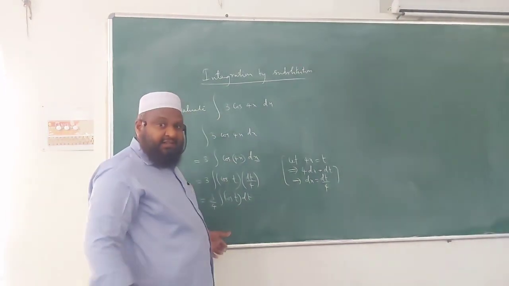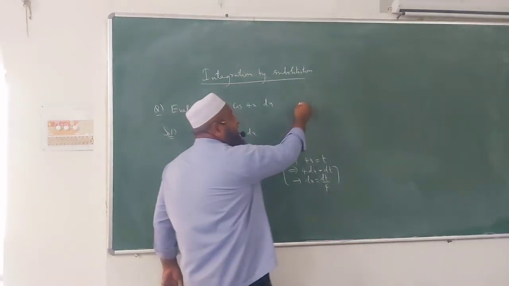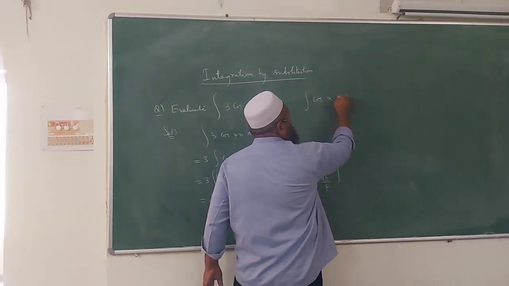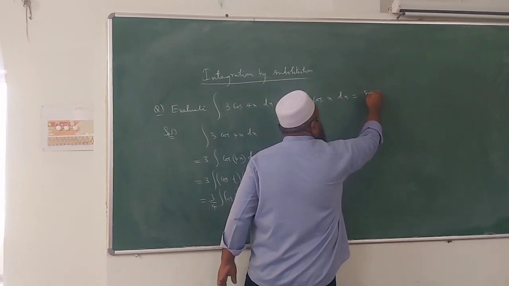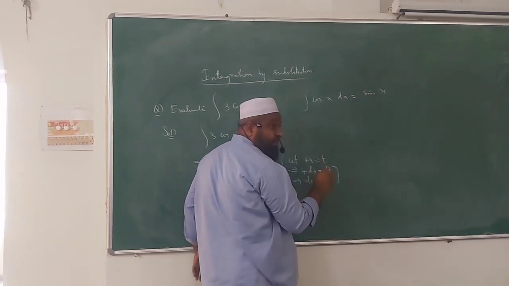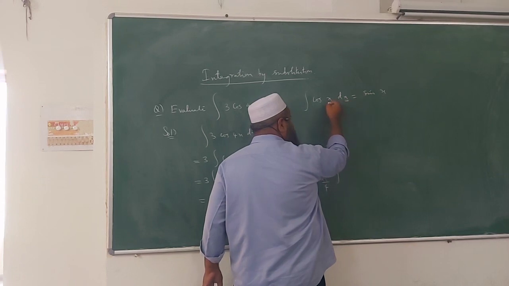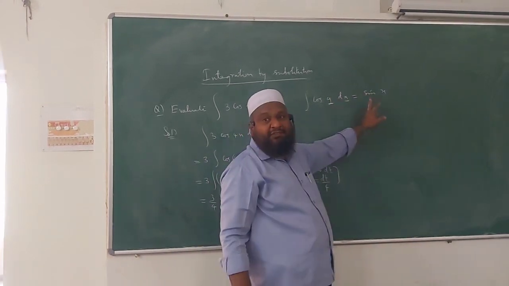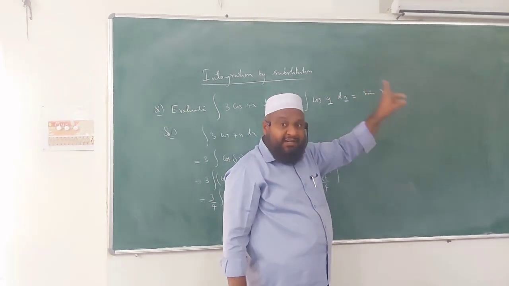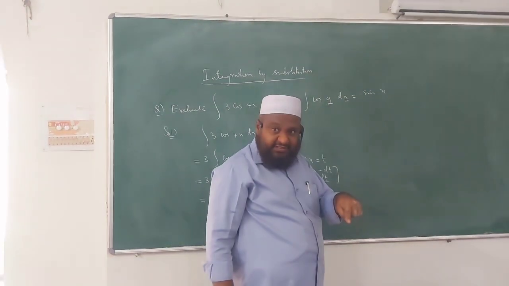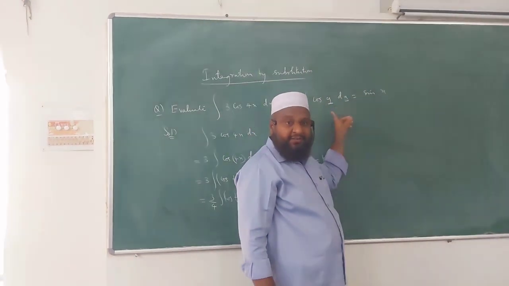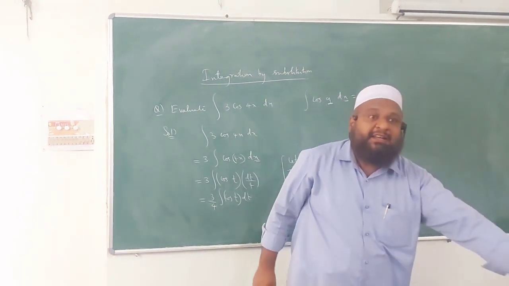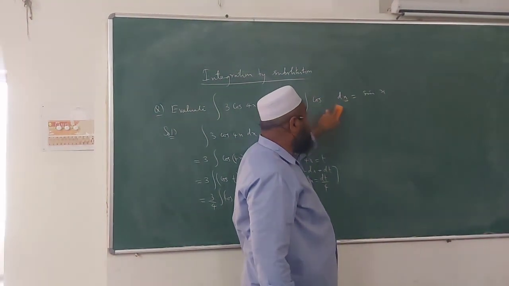Earlier I said that in the list you have integral cos x dx equal to sin x. I said earlier that if it is x, it should be x only. If it is y here, you cannot say what is the value of this one until you treat y as a constant or you know the relation between y and x. So be careful, this variable should match with this variable.